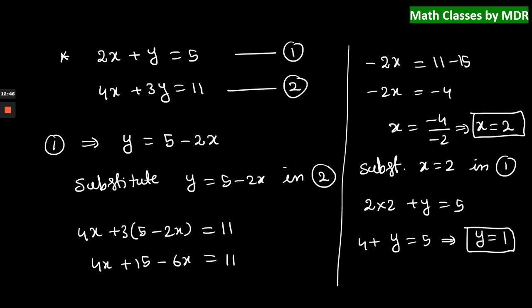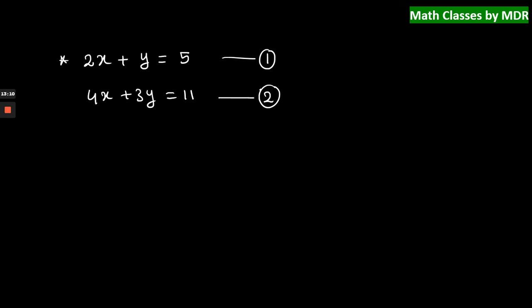Okay. Now let us use the elimination method for the same equations. What we have here is 2x plus y equal to 5, 4x plus 3y equal to 11. Right? Let's say that this is equation 1 and this is equation 2.